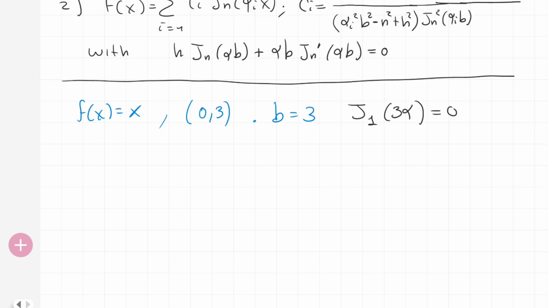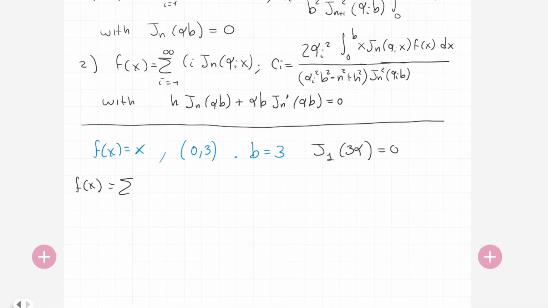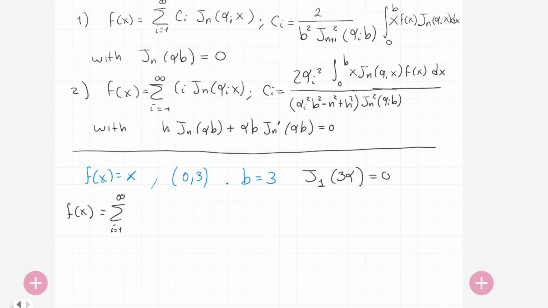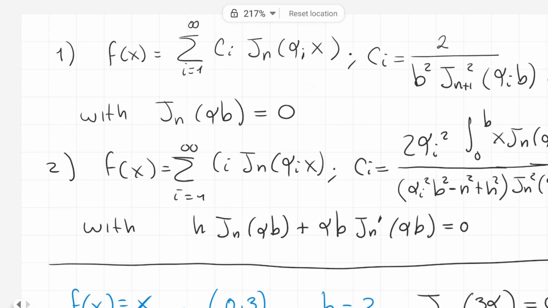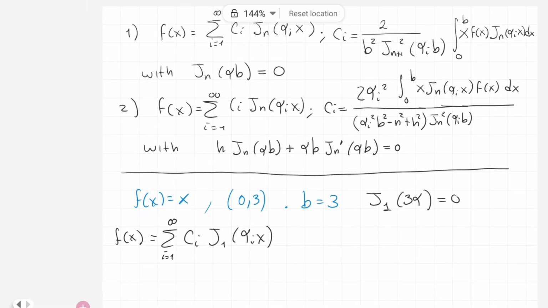So we know that we can express f of x as the linear combination of the c_i and the Bessel functions. So that is going to be the sum from i equals 1 up to infinity of c_i times J sub 1 of alpha_i x, because in our example, n is defined to be equal to 1.